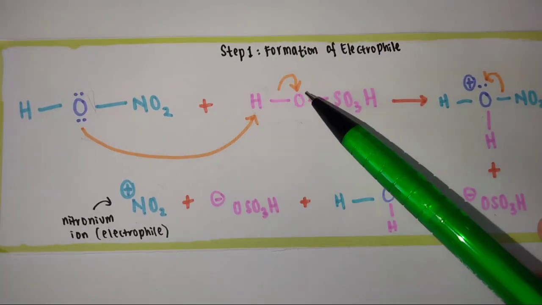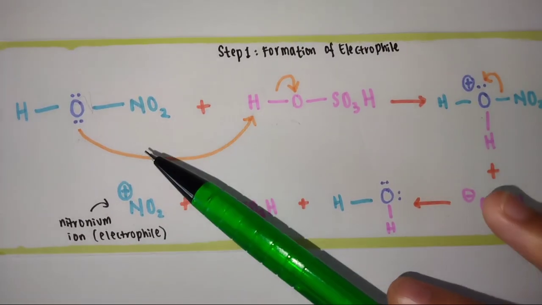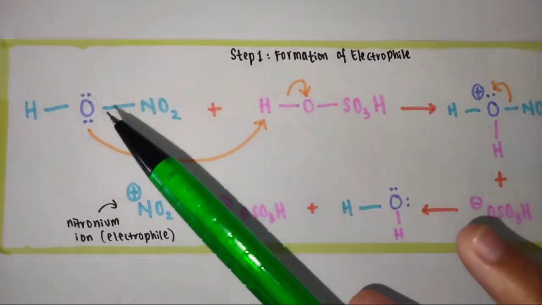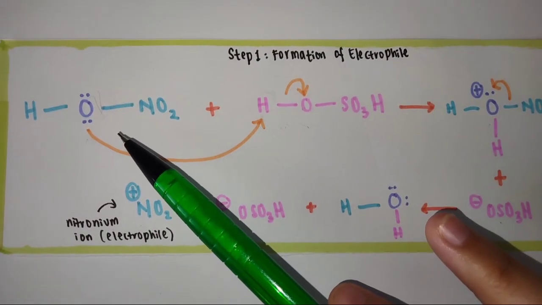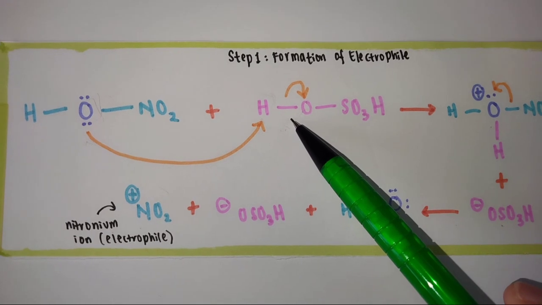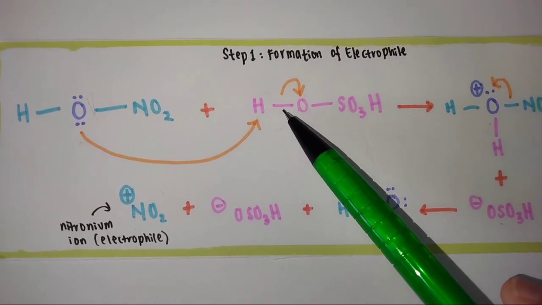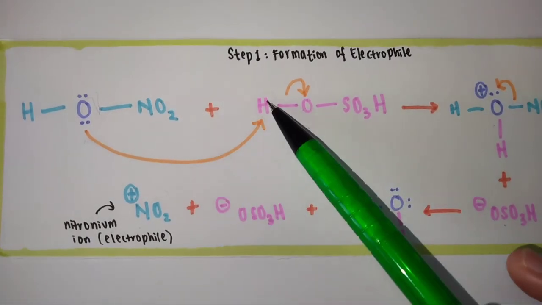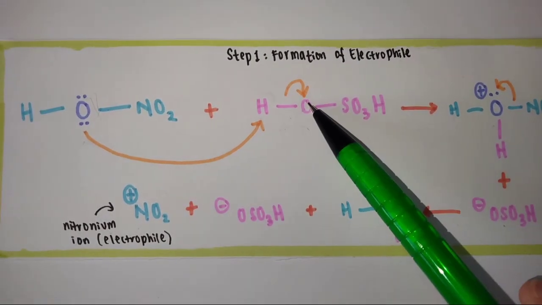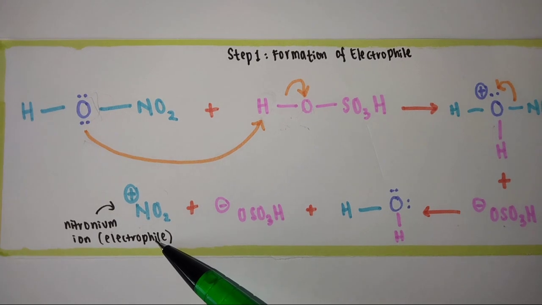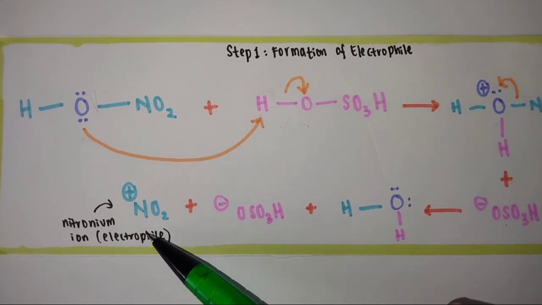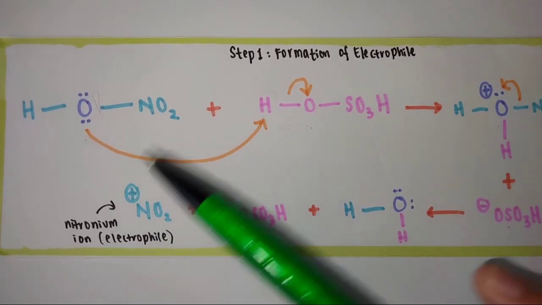So in this step, nitric acid as a reagent will react with the H2SO4, which is the catalyst in this reaction. This reaction between nitric acid and sulfuric acid will form the electrophile, which we will use for the reaction with the nitrobenzene later.